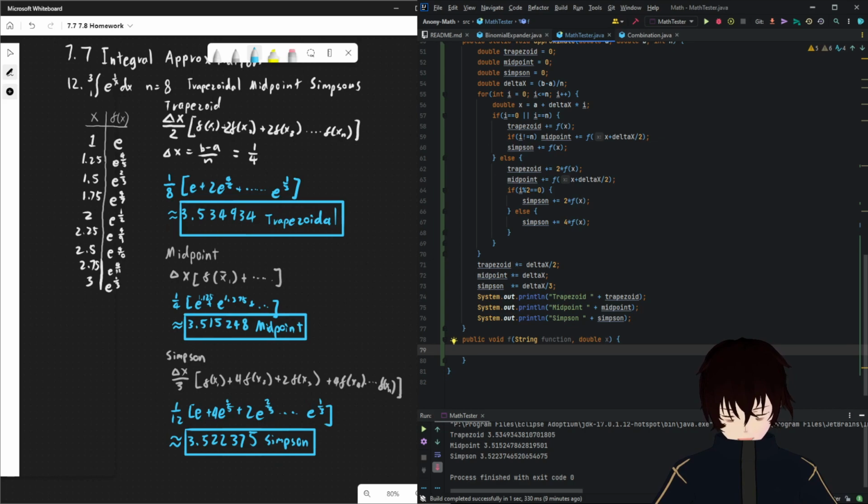But now that I think about it, I can write one that interprets a really simple function.